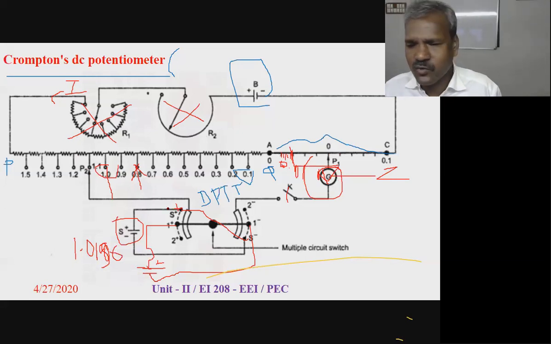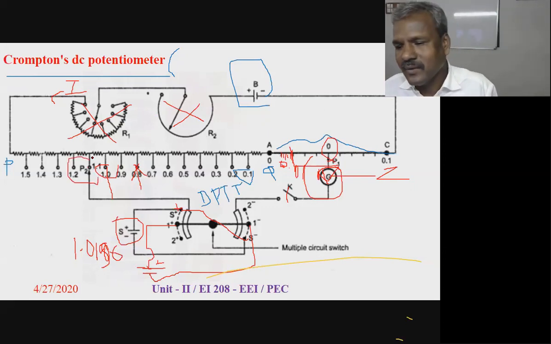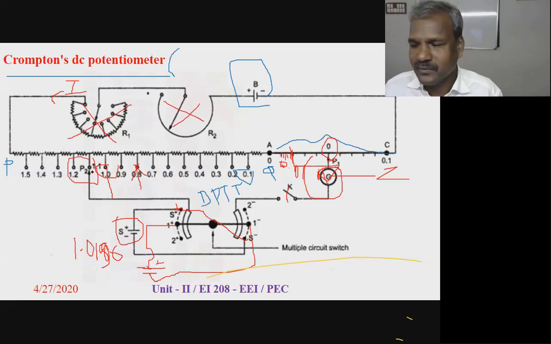Assume the unknown EMF, I placed at 1.1 and at this position. Can you tell me the unknown value for this position of P2 and P1? Assume I connected some unknown EMF source here.